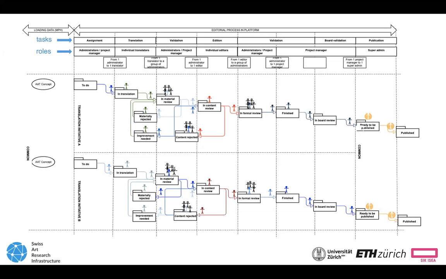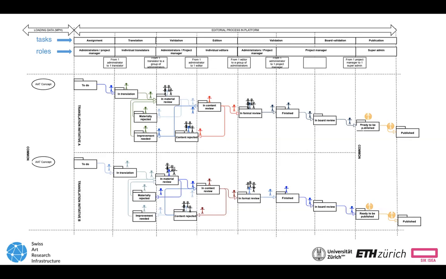Here you can see the translation process scheme. On the upper line, you see the different tasks and then the roles involved in each of these tasks. First, the administrator is searching for a concept and then assigning a translation container to the translator. The translator is then filling in the whole form that I will show you later with the different sources.